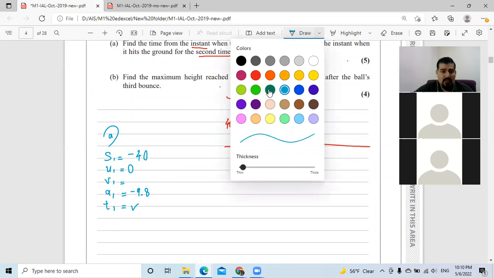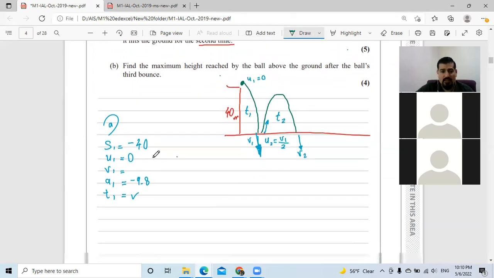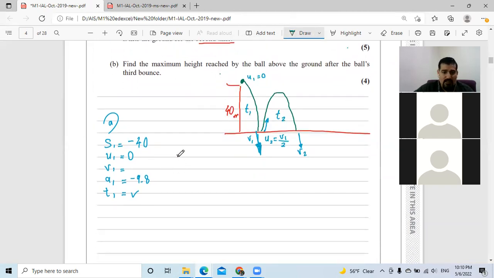So first of all, we are going to use the formula that has no V. Who can tell which formula? You can send me on the chat. Exactly, thank you. It's S equal UT plus half AT squared. So negative 40 equals 0 minus, because there's negative acceleration, half times 9.8 multiplied by T1 squared.